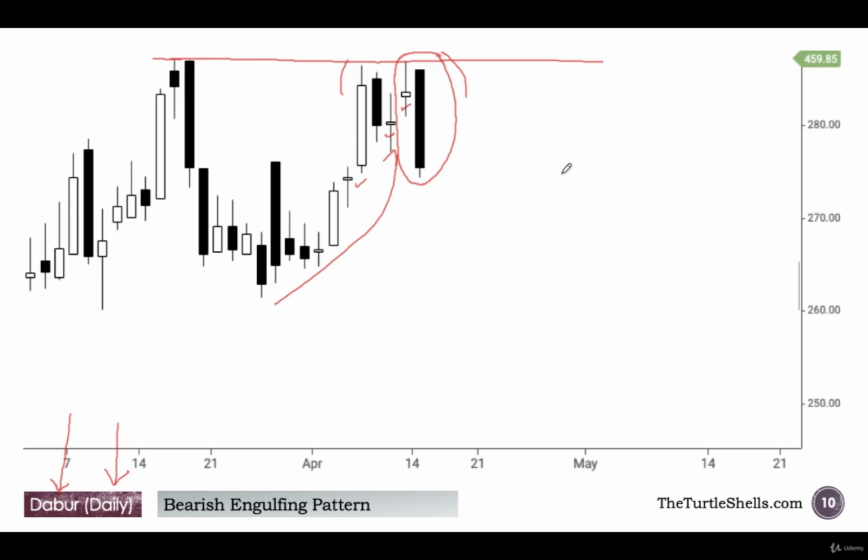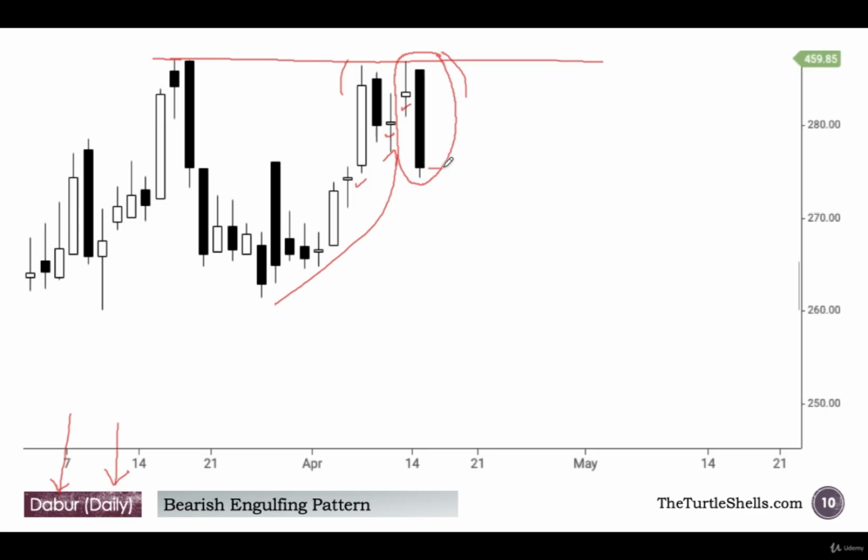One disadvantage with the bearish engulfing pattern is that by the time the candle closes, it has made a very long move, which is what we discussed in the bullish engulfing pattern and the morning star as well. The problem with 2 candle patterns and 3 candle patterns is that by the time the last candle closes, the price has already moved down a lot.